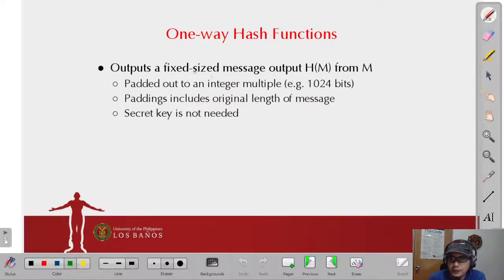So the output is a fixed size message, usually padded out to make it an integer multiple of certain bits, and the padding includes the original length of the message, and the secret key is not needed. So there's no secret key when you use the hash function. It's all embedded in the algorithm itself.